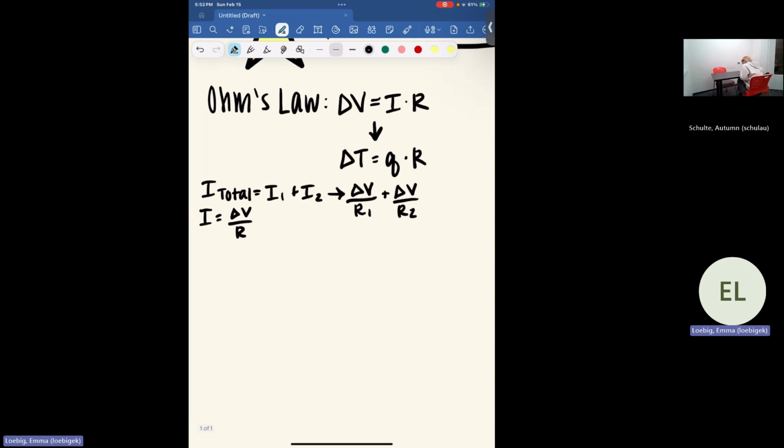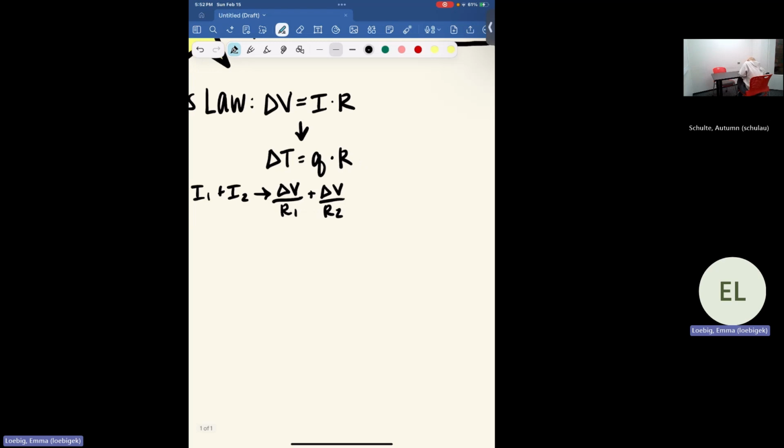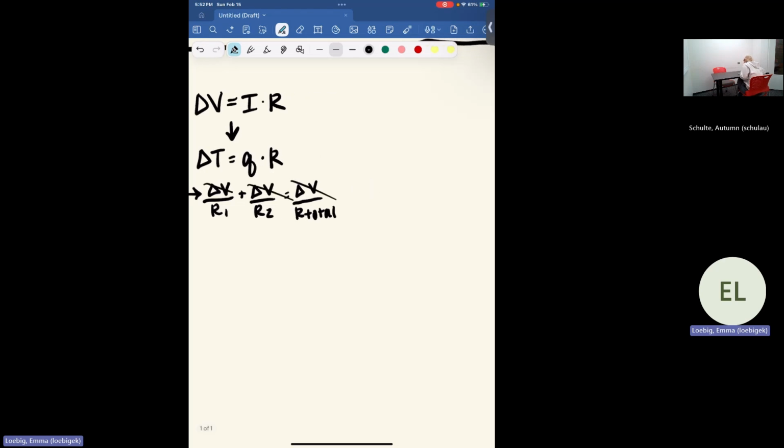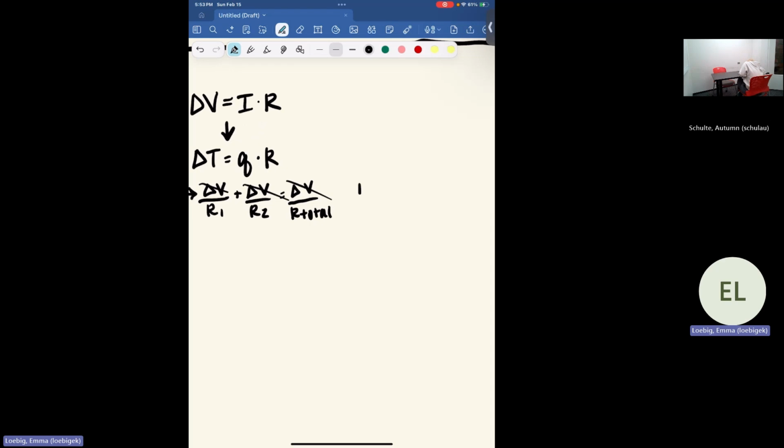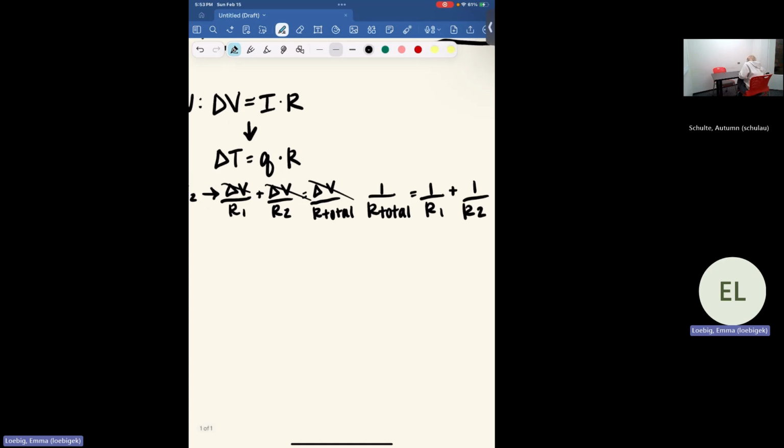And once again, this is equal to our total current, so we can say this is equal to our change in voltage over the total resistance. Our change in voltage terms are all the same, so we can take those out, and we are left with 1 over our total resistance being equal to 1 over the resistance at resistor 1 plus 1 over the resistance at resistor 2.